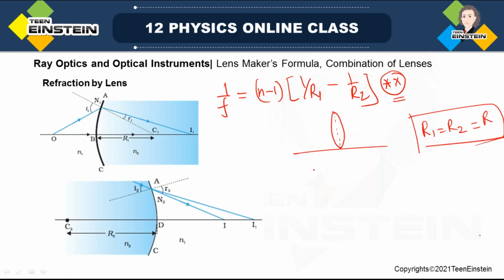Now if you cut this equiconvex lens into two halves and use one half of the lens, what will be the focal length of each half?